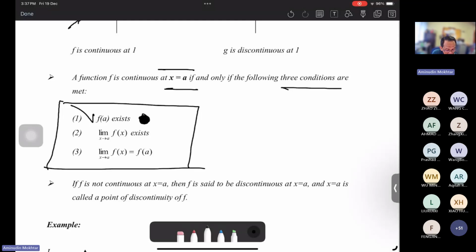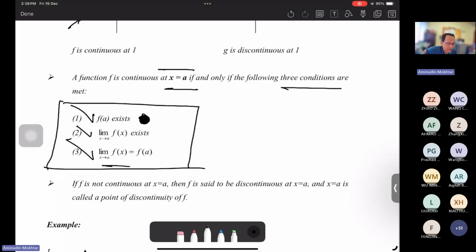The second one is that the limit of the function when x approaches a must exist. The limit of the function exists at that point. The third one is that the value of the function, from the first condition, equals its limit at that point.